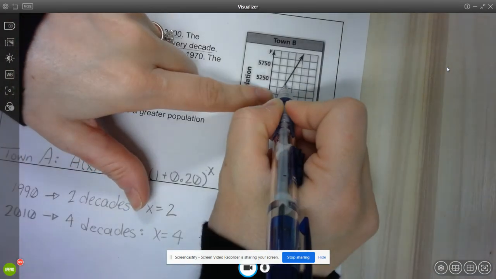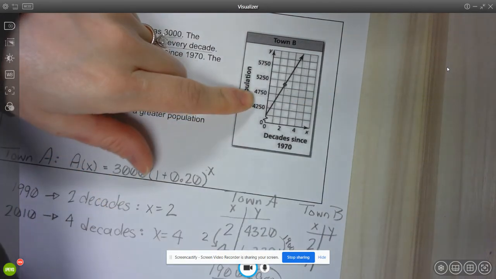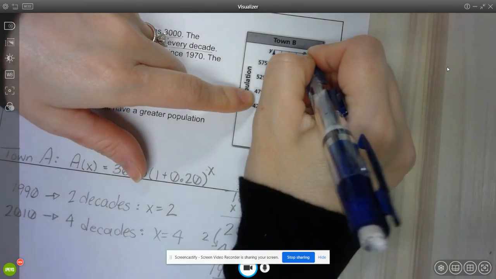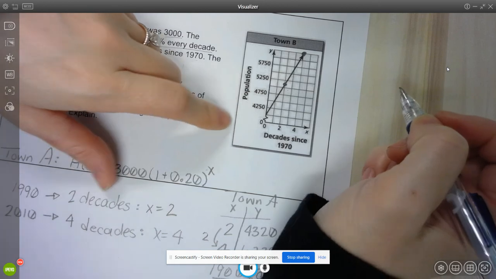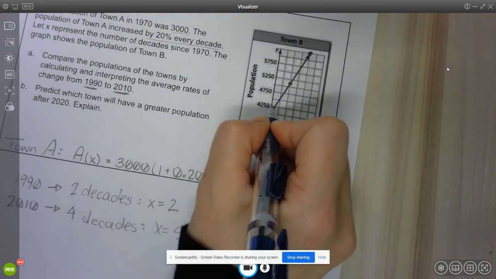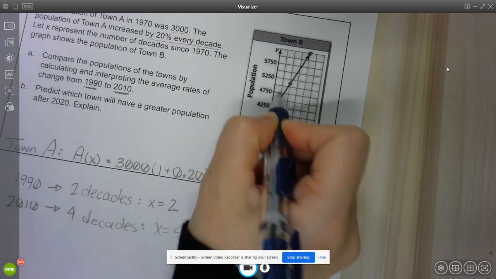So at 2, I'm about right in between there. And at 4, looks like it's right there. So the first thing I need to do is figure out how these are growing. So this is 4,250. This is 4,750.